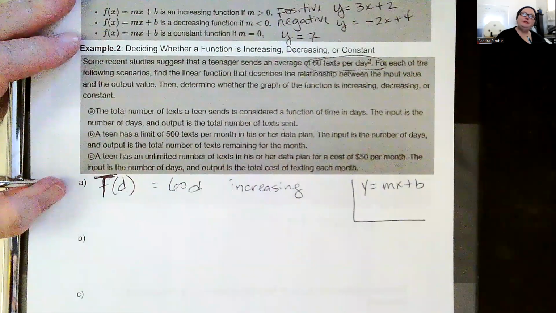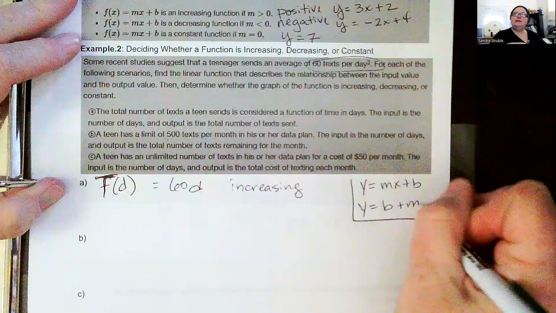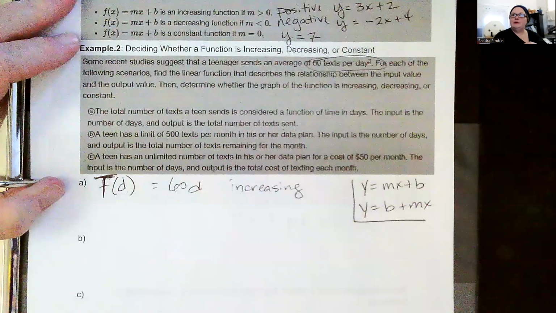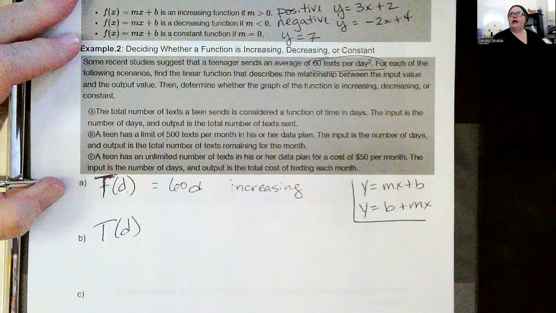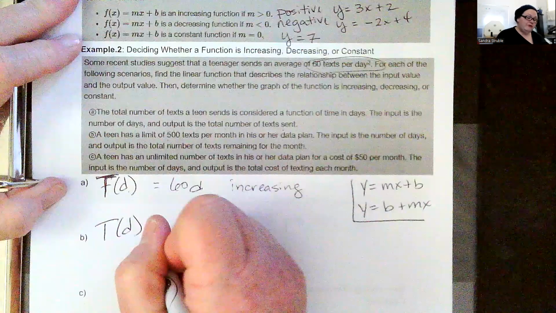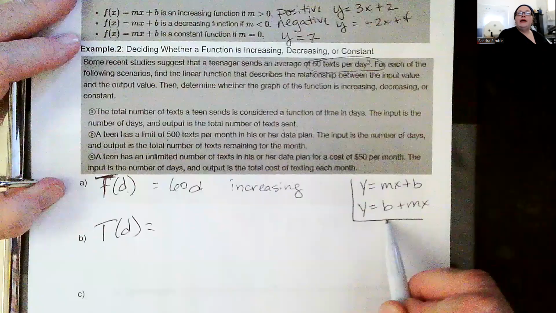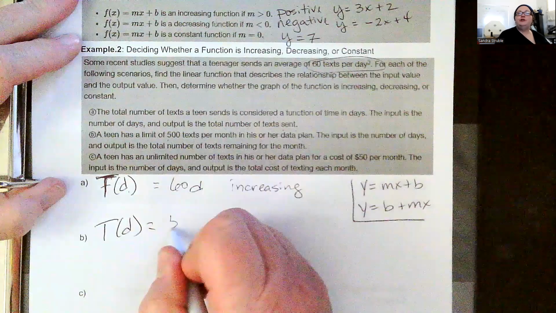But when it comes to word problems, it makes more sense to look at it as y equals b plus mx. And this scenario is a perfect example. So the function is equal to the initial value first, because they have a limit of 500 texts per month. So that's your initial value.